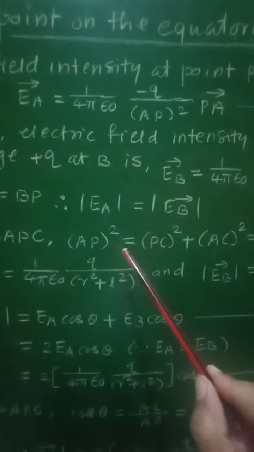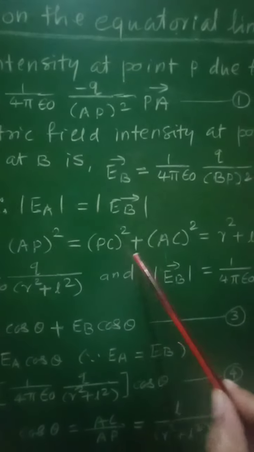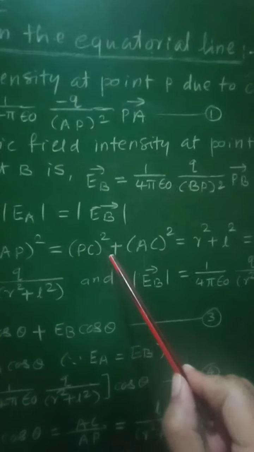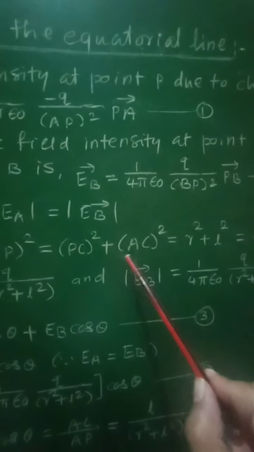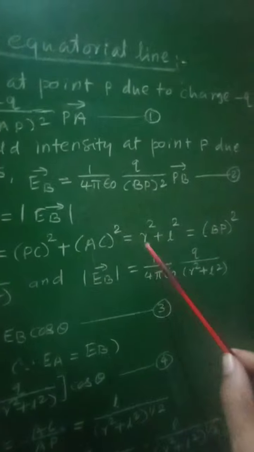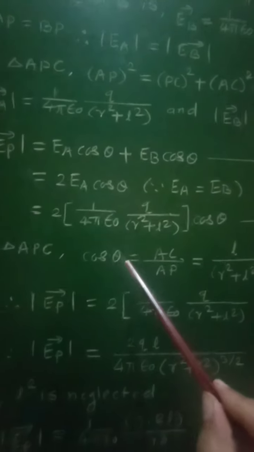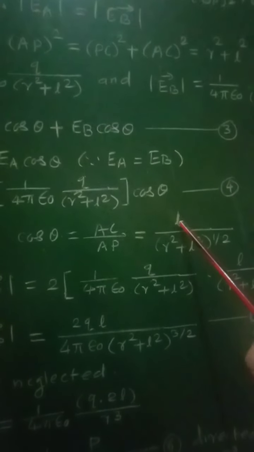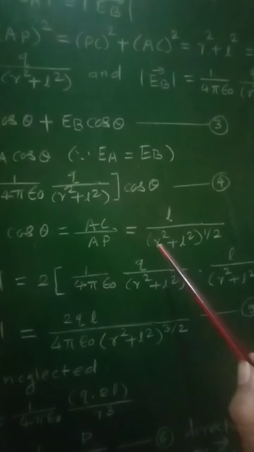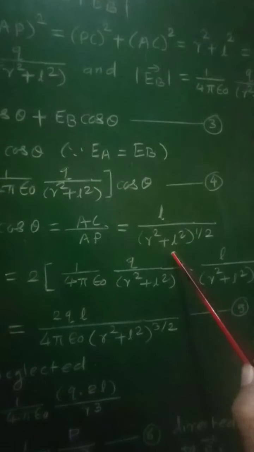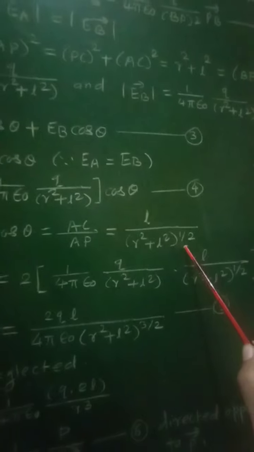But we know that AP square equals PC square plus AC square, and therefore AP will be equal to the square root of PC square plus AC square, that is the square root of R square plus L square, and therefore here we have written cos theta equals AC upon AP. AC is equal to L, and AP is the square root of R square plus L square. It is written as R square plus L square raised to half.